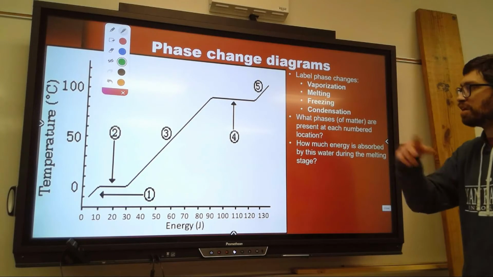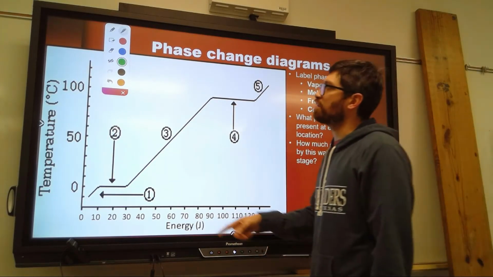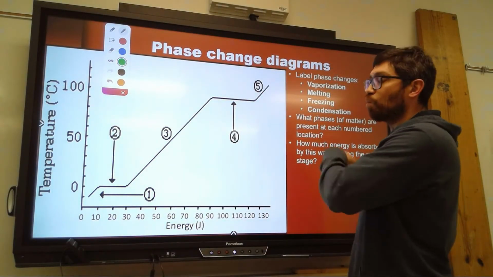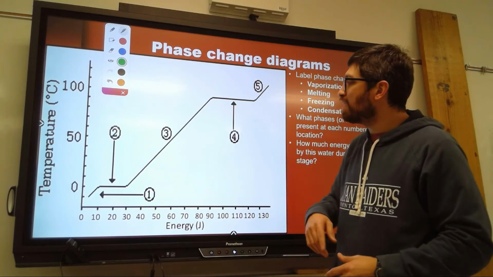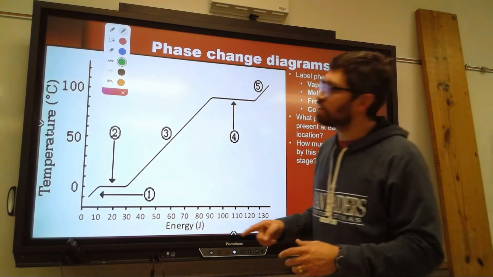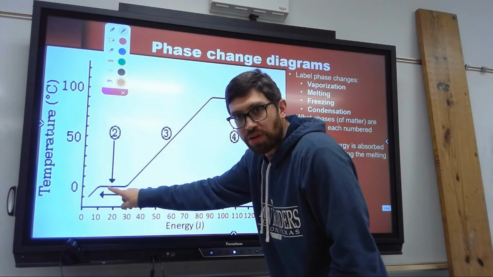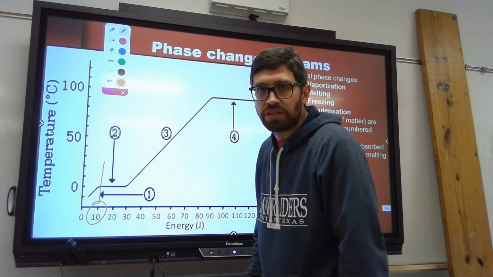First question, how much energy is absorbed by this water during the melting stage? In order to answer questions like this, you have to know what we just talked about, which is where the melting stage is. Hopefully you remember that the melting stage is at number 2. How much energy is absorbed during that stage? What that means is this. At the beginning of this melting phase, which happens right here, we started out with 10 joules of energy.